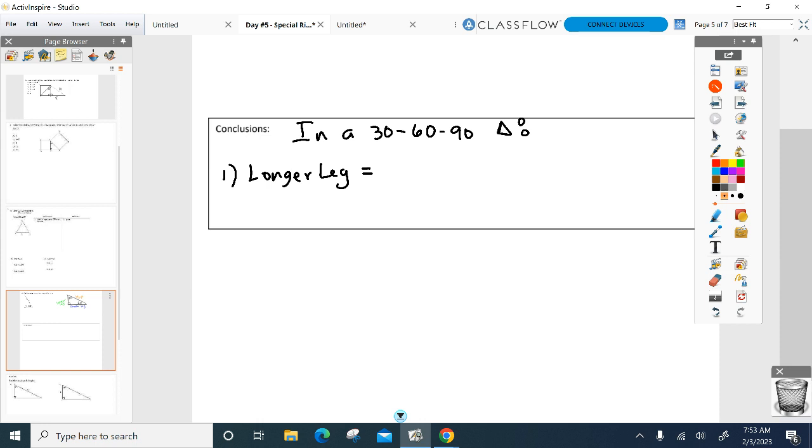Oh boy. The 60-degree angle. That leg can be found by taking the shorter leg, whatever the shorter leg is, and multiplying it by, ready for this one? Radical 3. Not 2 like yesterday, radical 3. That's how you find the longer leg.